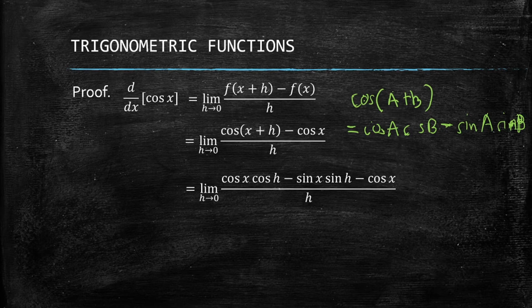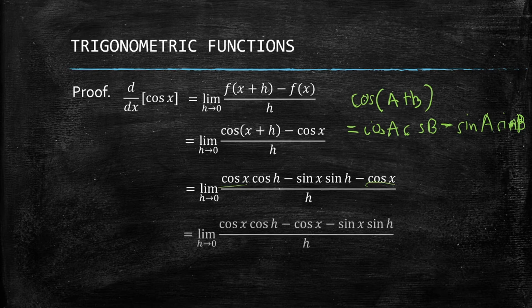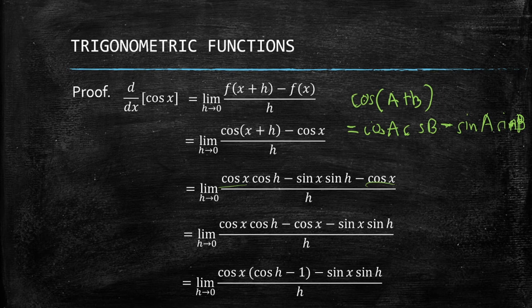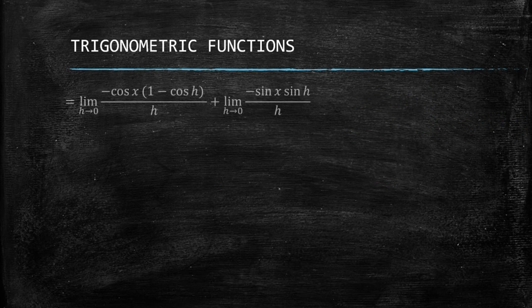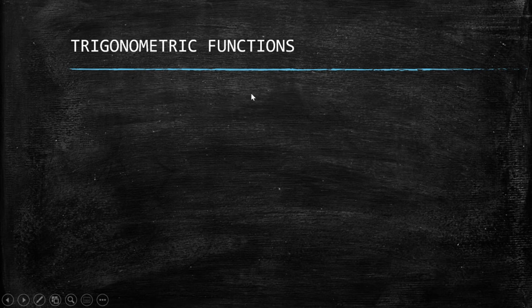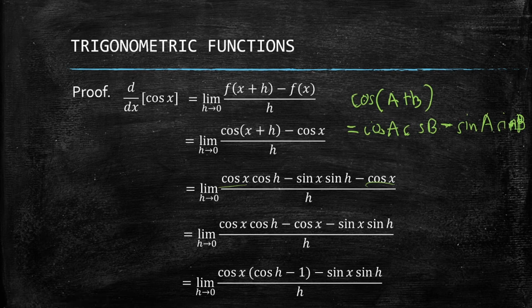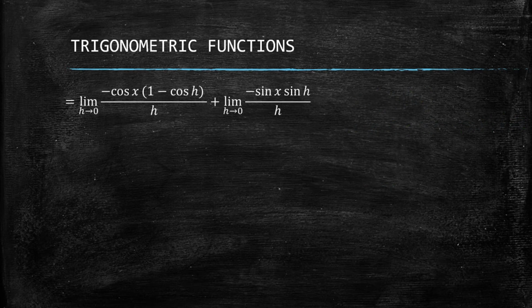If you try to observe, we have a common factor of cos x, so we flip and factor out cos x. In the same manner as in sine, we factor out the negative here, so that's why we have 1 minus cos h. And for this, since we have a minus sign here, that's why we have a negative sign here.